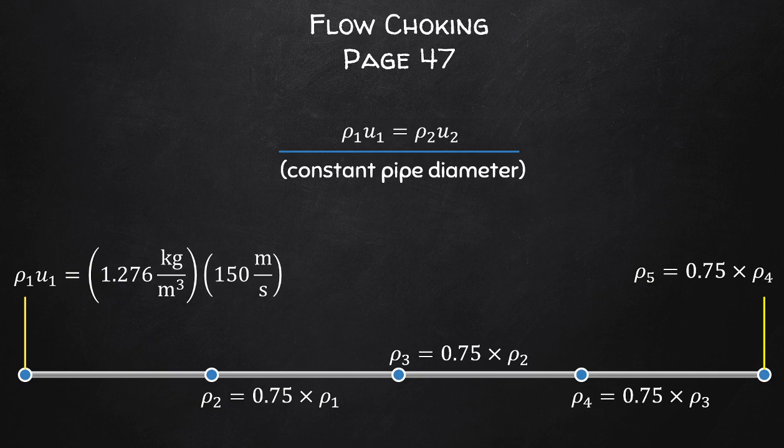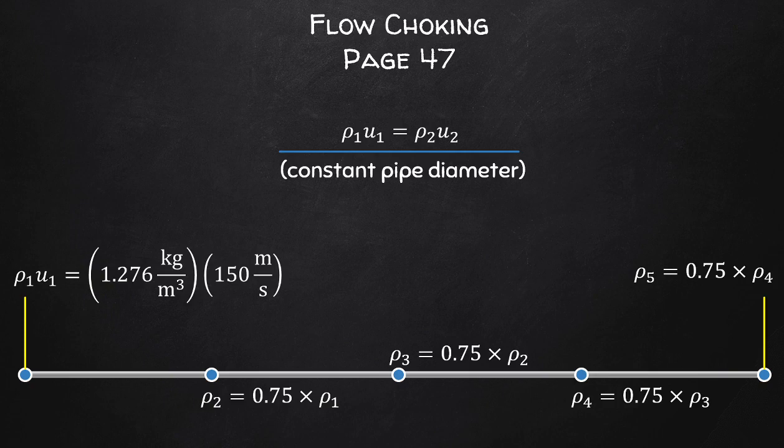But rho decreases across the pipe because the drop in pressure along the length of pipe also decreases, and so the velocity must increase. Now, since the pressure can never drop all the way to zero absolute, there is a phenomenon that occurs here instead, which is referred to as flow choking.